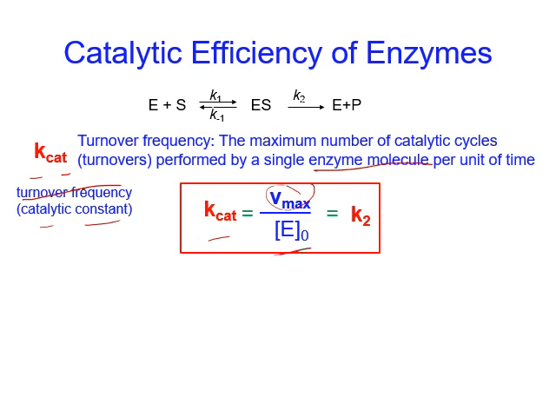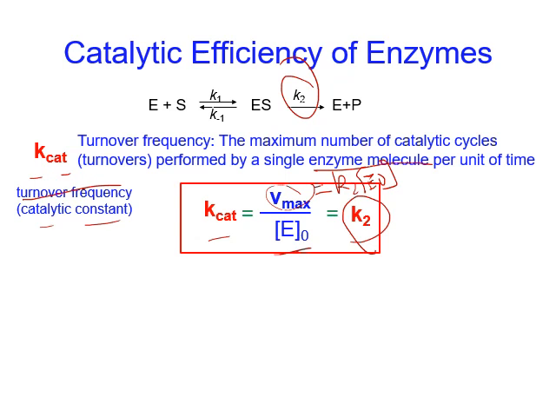Now the maximum reaction rate is K2 times E0. So this ratio just gives you K2, and therefore K2 in enzyme catalysis plays a very important role. It tells you the turnover frequency or catalytic constant.